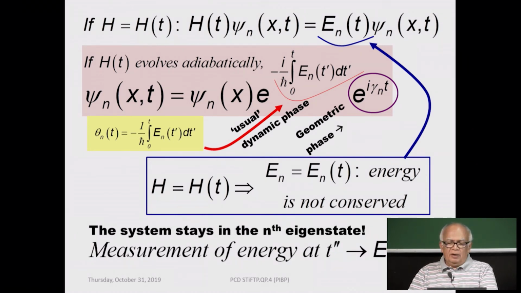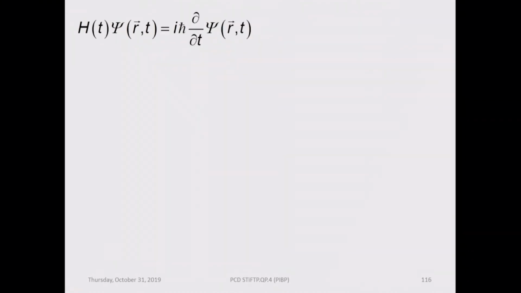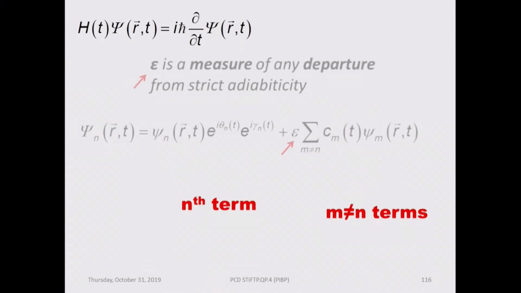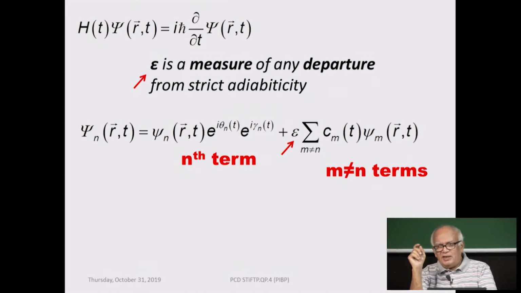All right. What is important is that the system continues to stay in the nth eigenstate. Okay. So at a time t double prime, the energy will be En(t double prime), right? So this is the Schrodinger equation, and let us now consider the possibility that there is a little bit of departure from adiabaticity.